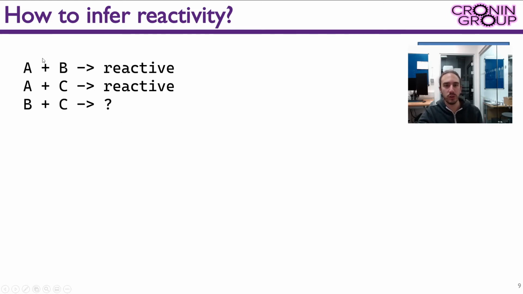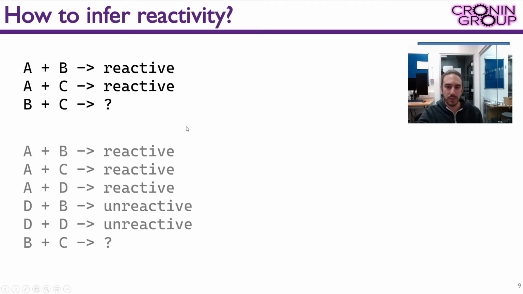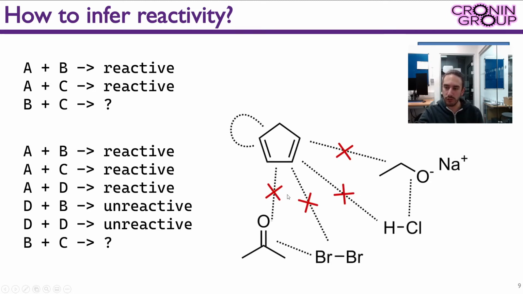In this case, with only two reactions and three reagents, it's kind of hard to tell. But imagine that the more reactions we perform, with more reagents interacting with each other, hopefully we will build a network of reactivity of the molecules with each other, and our predictions will become more and more accurate. So how do we do this?